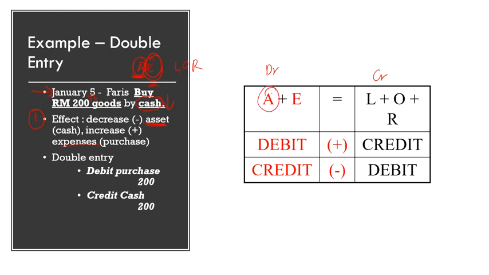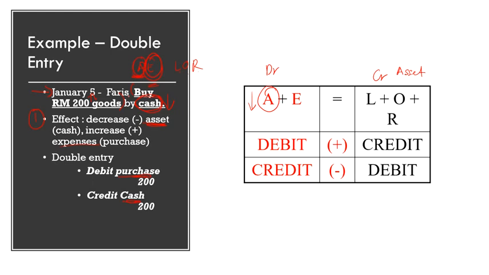A sebelah sini, so sekarang ni A tu menurun, so sebab tu I said you must credit the asset. Tapi kita tak akan tulis credit asset. You must write credit cash. Nampak tak ni? Credit cash. Debit purchase. Ni. Buy goods ni. We know it has purchase. Okay. Purchase tu kan expenses.